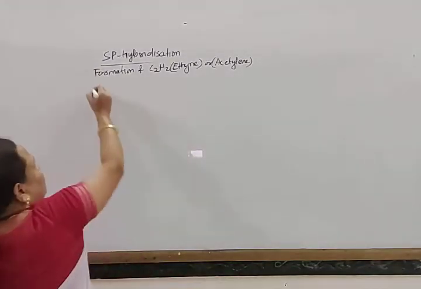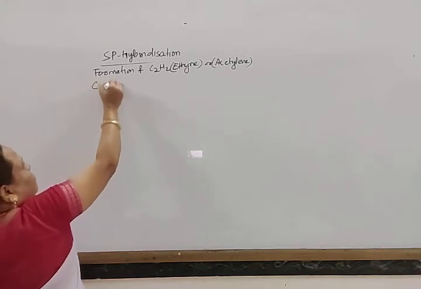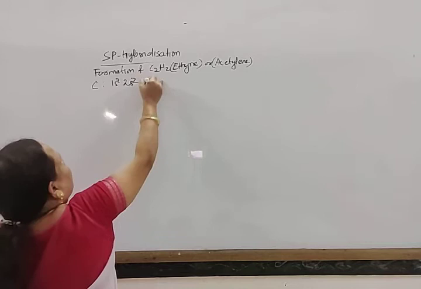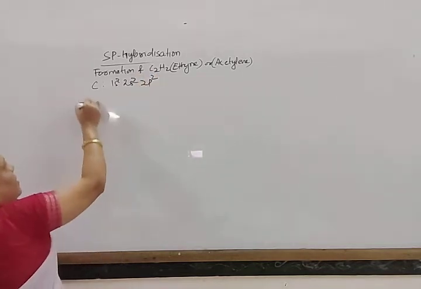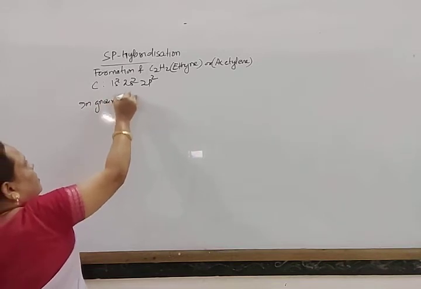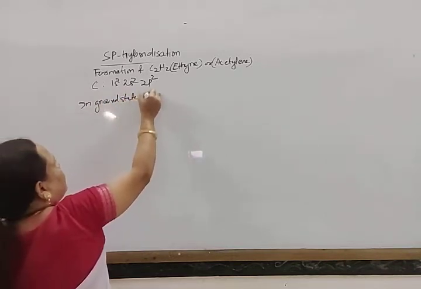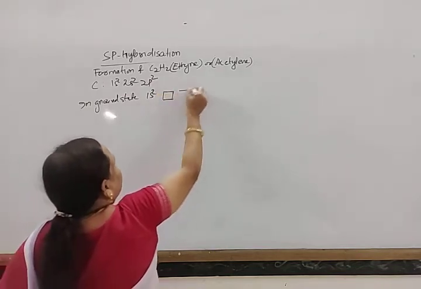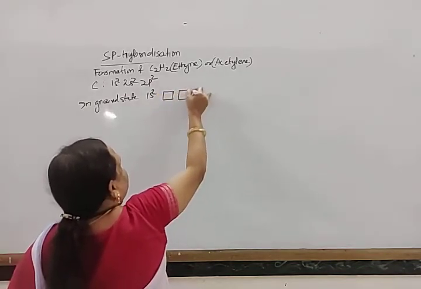Okay, so the carbon electronic configuration in the ground state is 1s2, 2s2 and 2p2. In the ground state, this is your 1s2, 2s2 and this is 2p.